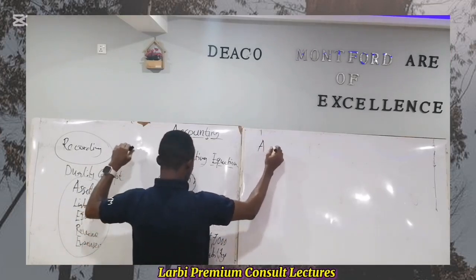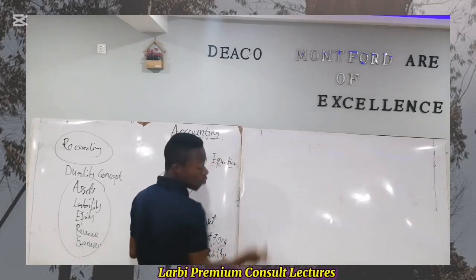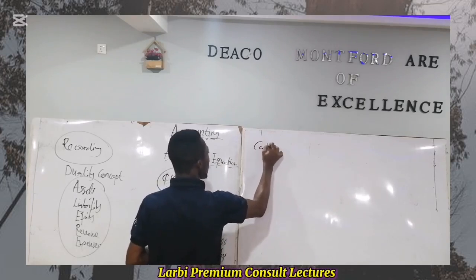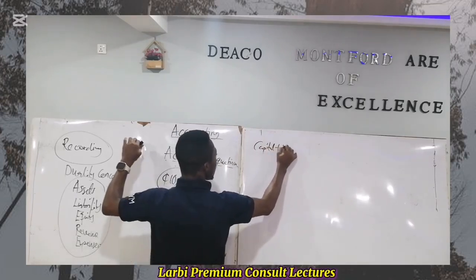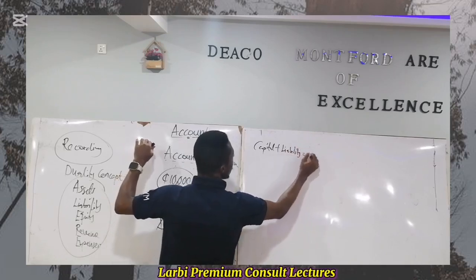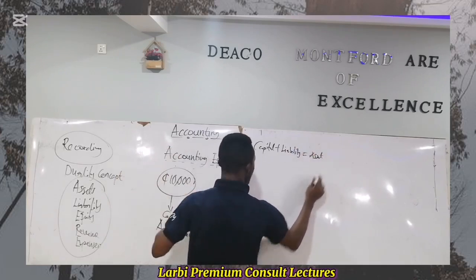We will have the capital, you being the owner that supplies. So we have the capital plus the liability should be equal to the assets that exist in the business.